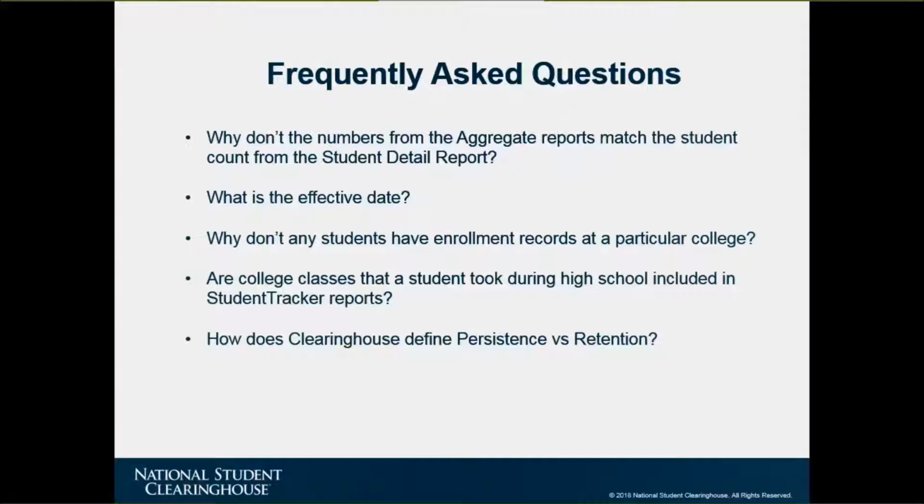The date is set to ensure that your Student Tracker reports provide the most comprehensive enrollment and degree data that's provided by the colleges and universities for a given period, and that all of the secondary education institutions that use Student Tracker are matched against the exact same set of post-secondary data.